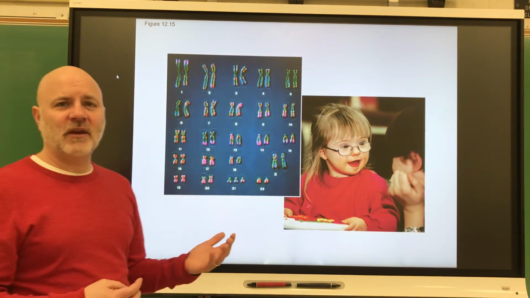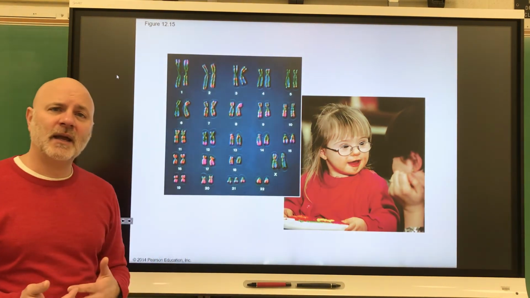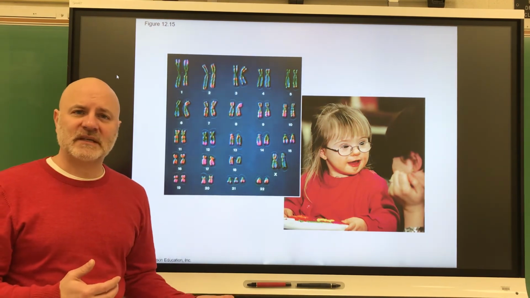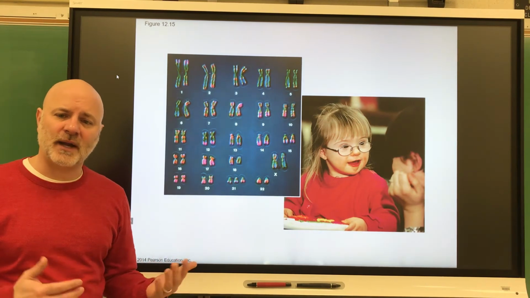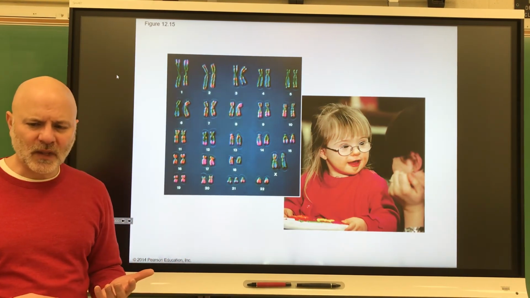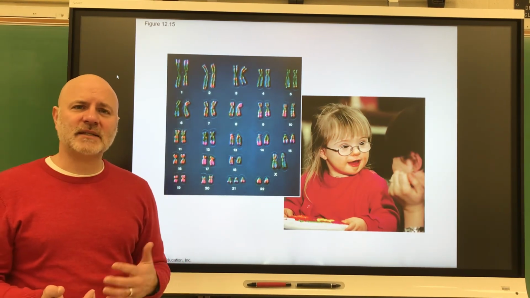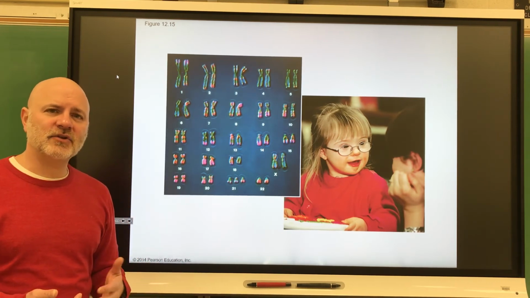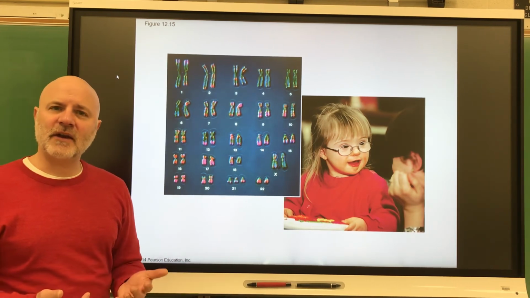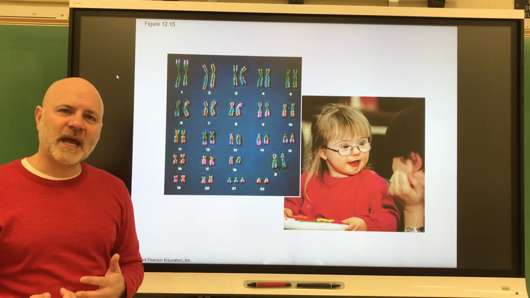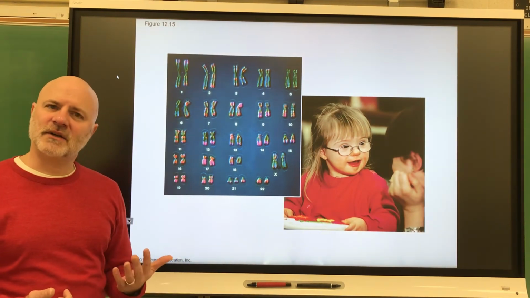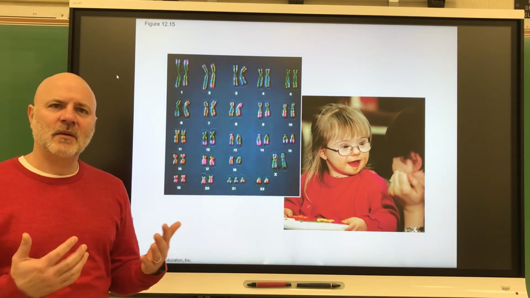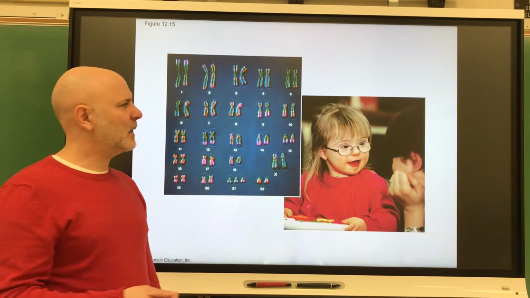Another one is if an individual is XYY, they can produce a little more testosterone than people who are just XY, but that's about it. The other one is called XXY, and that individual has Klinefelter syndrome. In Klinefelter syndrome, that individual is male, they're typically infertile, and they can develop some secondary sex characteristics of females, meaning breast development.